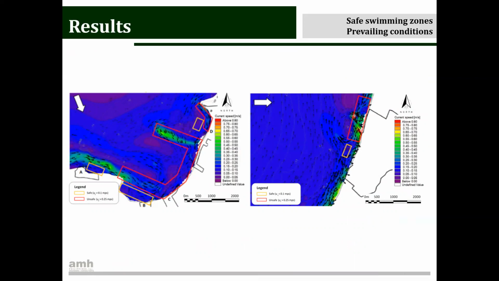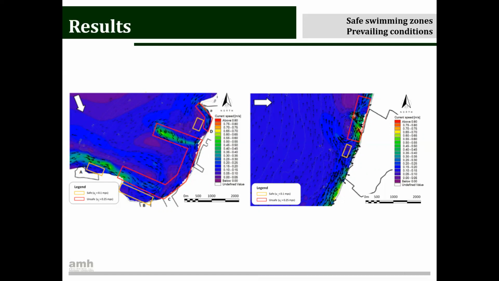We examined all the simulation results to identify the zones in the 2 locations where the rips are formed. Where there are none, or when rips are weaker than about 0.1 meters per second, that's lower than 0.16, the zone is considered safe. Longshore currents that are lower than the same threshold of 0.1 meters per second are considered safe.